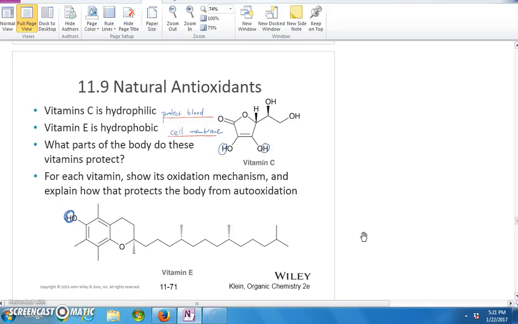Vitamin E, on the other hand, is hydrophobic, and it also prevents auto-oxidation in cell membranes. Okay, and these hydrogens that have been circled here are the hydrogens that can easily be abstracted and lead to the formation of the oxygen radical, which can be stabilized by resonance.